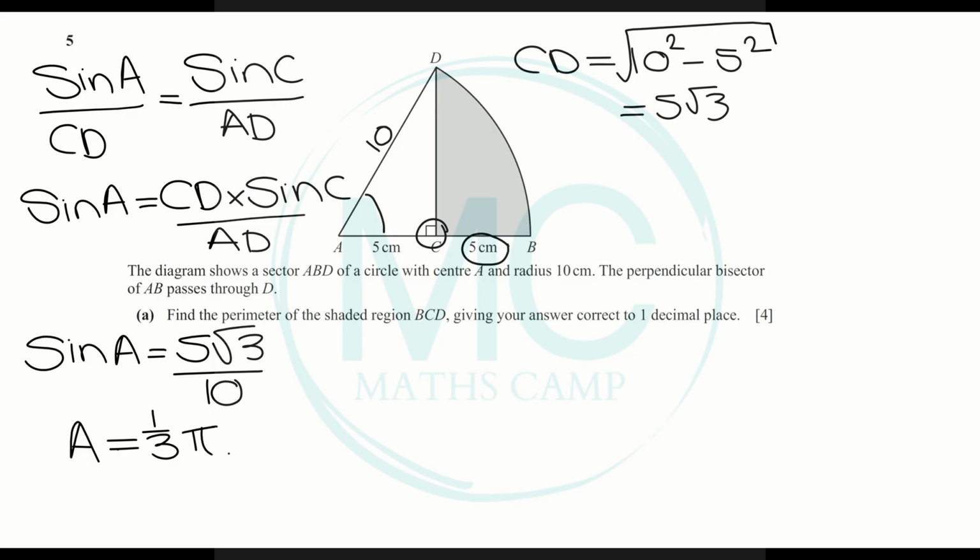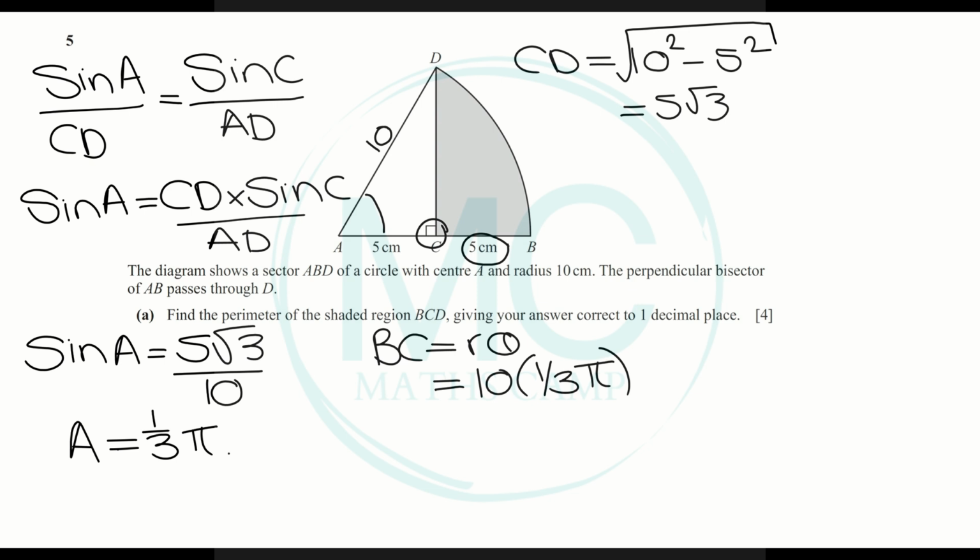Now I can use circular measure to find the arc length of BD. We know that the arc length is going to be equal to r theta. R is 10, so this becomes 10 multiplied by 1 over 3 pi. And for now, we're going to leave this as it is. Now we can find the perimeter BCD.